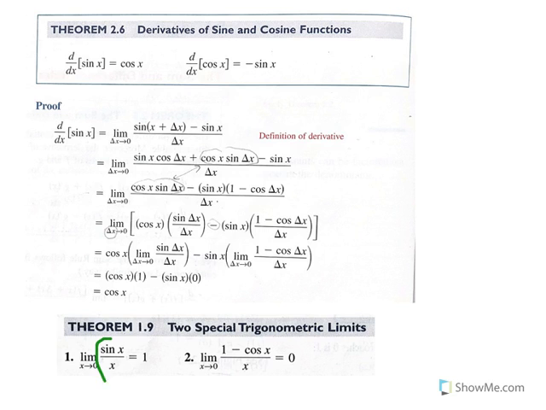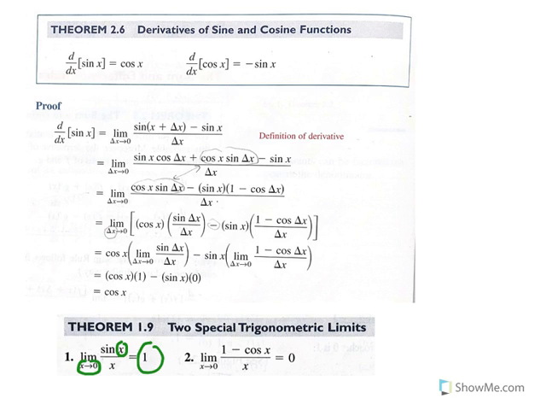So when you have the limit of sine x over x, when the argument of the sine function is also appearing in the denominator, and you take the limit of that as the argument goes to 0, that limit is known to be 1.